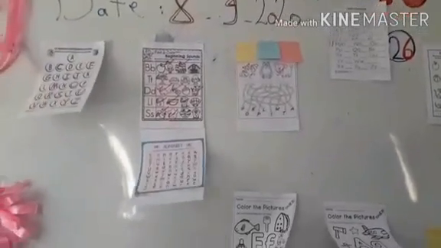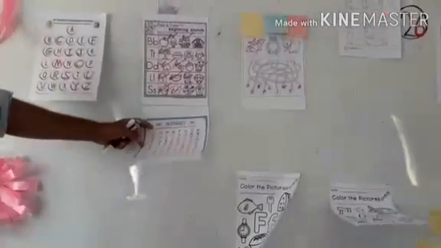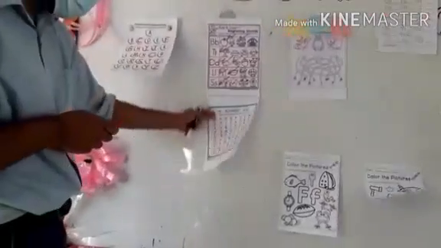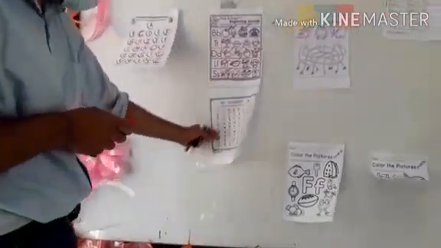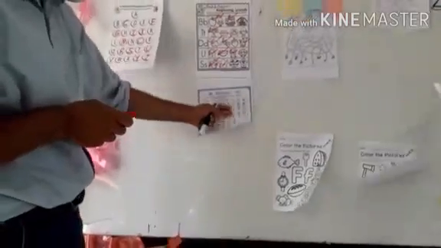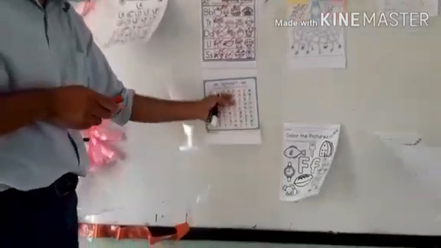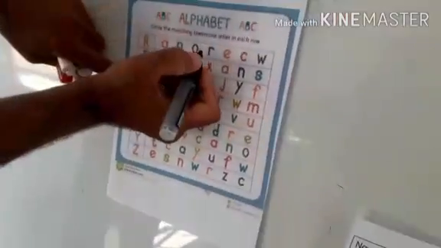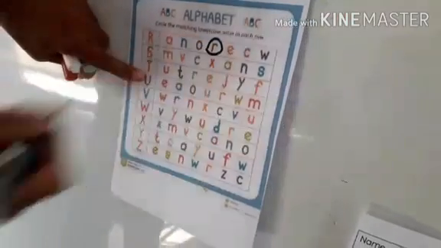The next exercise here, circle the lowercase form of each letter in the first column. In the first column here we have the uppercase form of letters, and all of these are lowercase forms of the same letter. We should circle the correct lowercase form of the letter. This is the uppercase R, and this is the lowercase r.